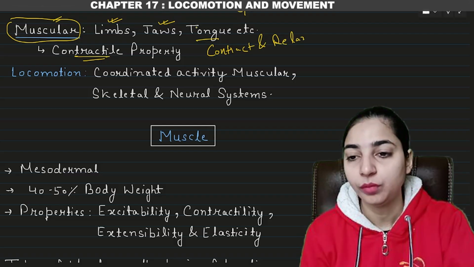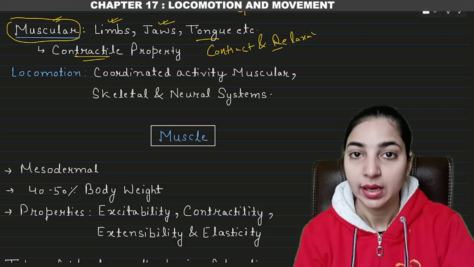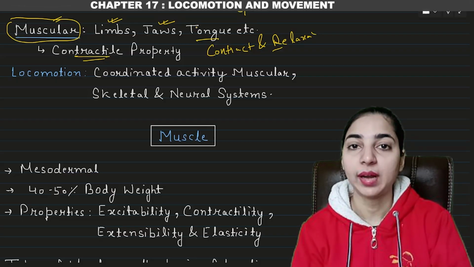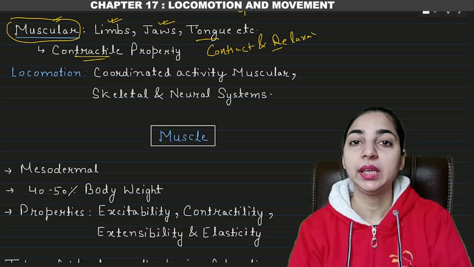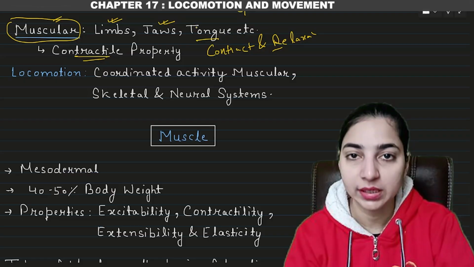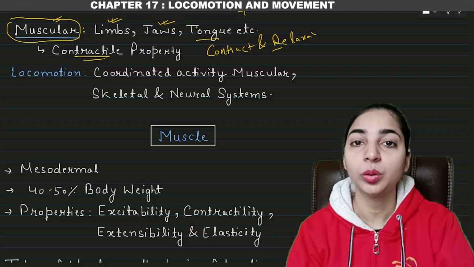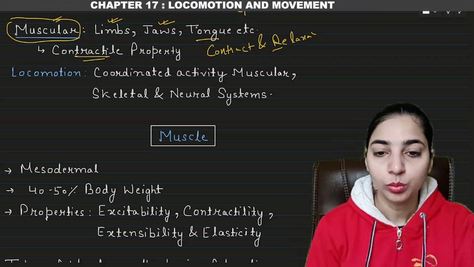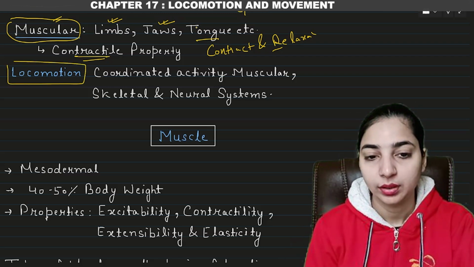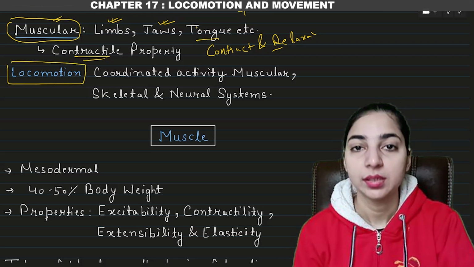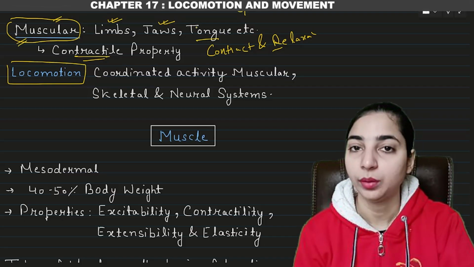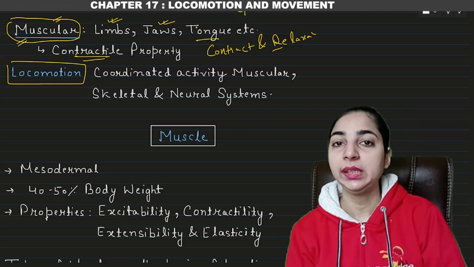It is this property of the muscle, contraction and relaxation, which helps in locomotion, movement from one place to another. If the muscles do not contract, then they cannot help in the movement. So the muscular movement of our body leads to locomotion.